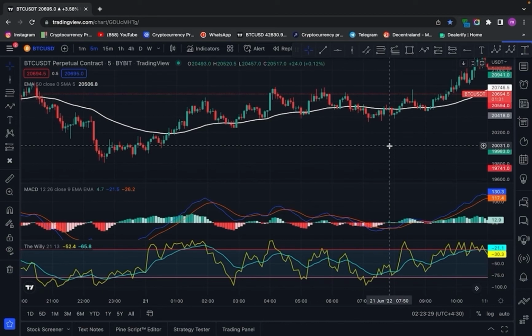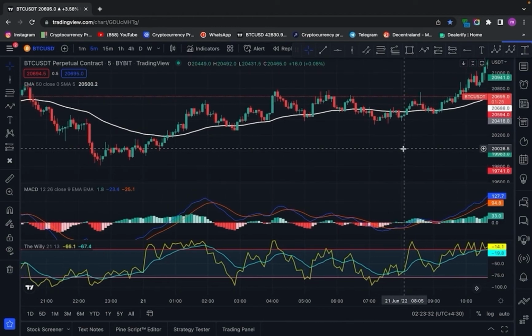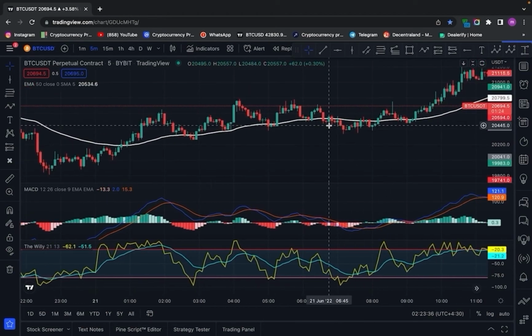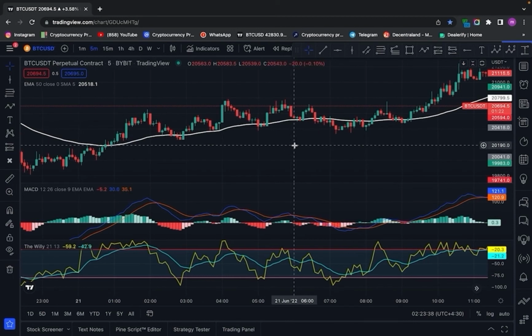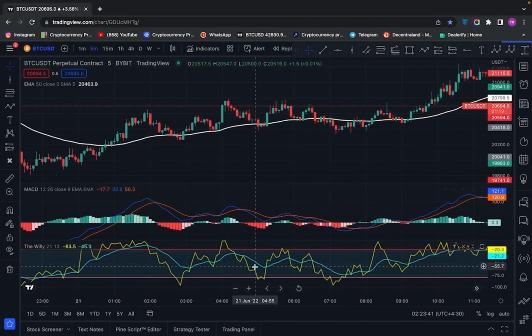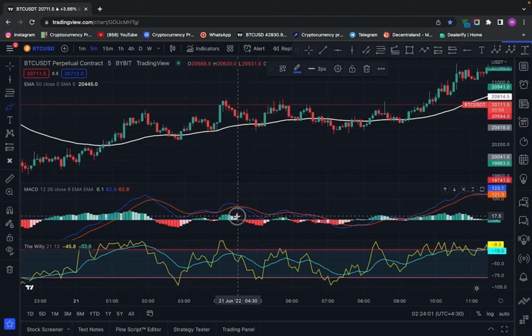So let's go to another part of the chart to see how many good signals this indicator gives us. In this part of the chart, we see that these 2 indicators give us some buy and sell signals. For example, in this part, either this indicator or this indicator gives us sell signals.